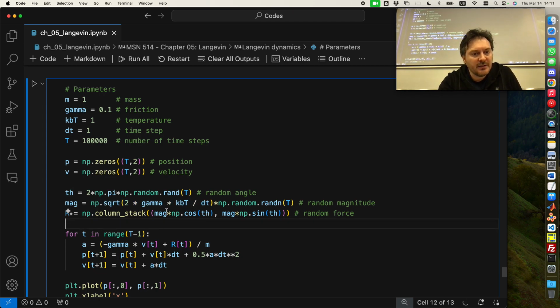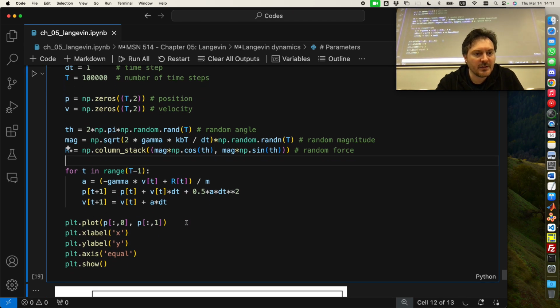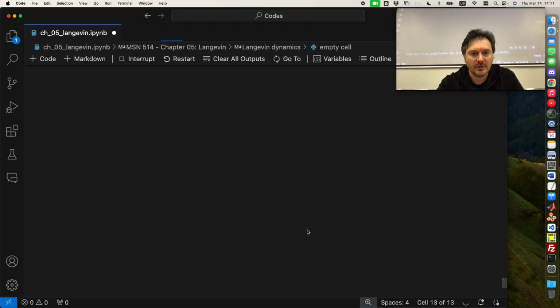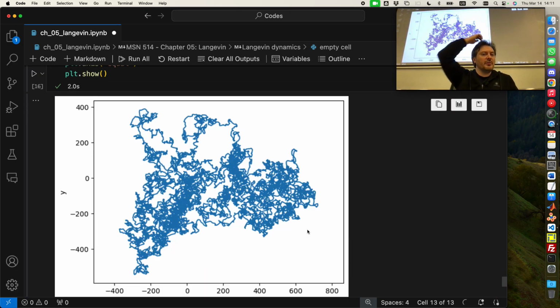Then we stack the magnitude times cosine theta as the x component, and magnitude times sine theta as the y component. The rest is just acceleration, which is minus gamma v plus force over mass. Then x equals x plus vt plus 1/2 a t squared, and v is updated like that. If you run this, you will get a very long run of a diffusion process, right?